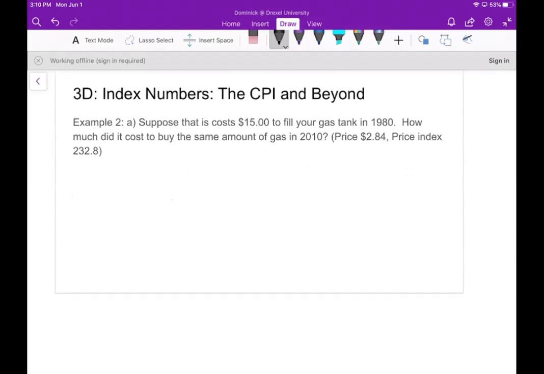Okay, so in this example, we're going to suppose that it costs $15 to fill your tank in 1980, and we want to know how much would it cost to buy the same amount of gas in 2010. All right, so first of all, we have that our price index in 2010 is 232.8, right?